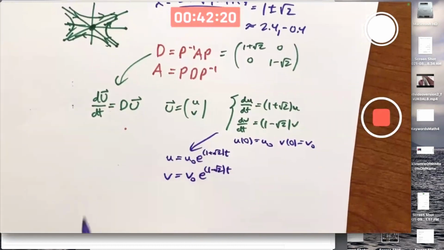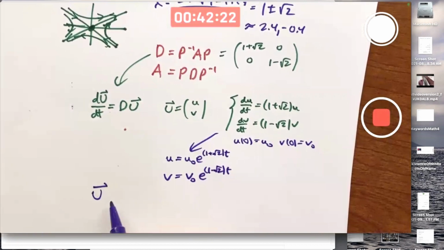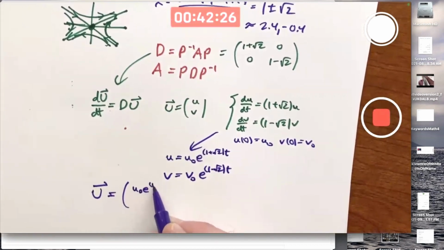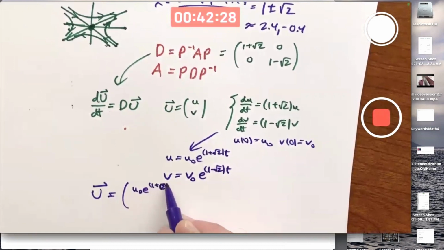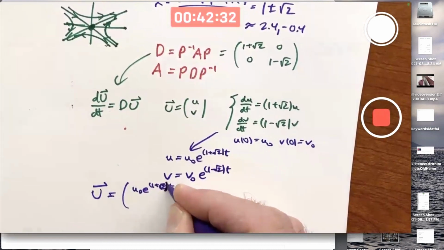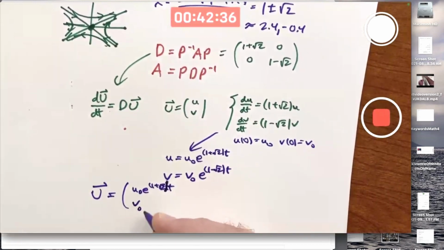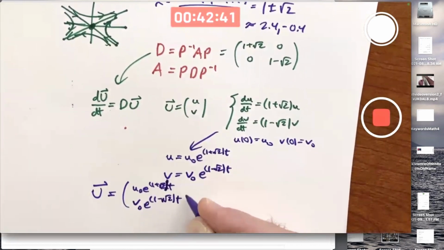In vector form, capital U would be u0 e^((1+√2)t) for the first component, and the second component is v0 e^((1−√2)t).